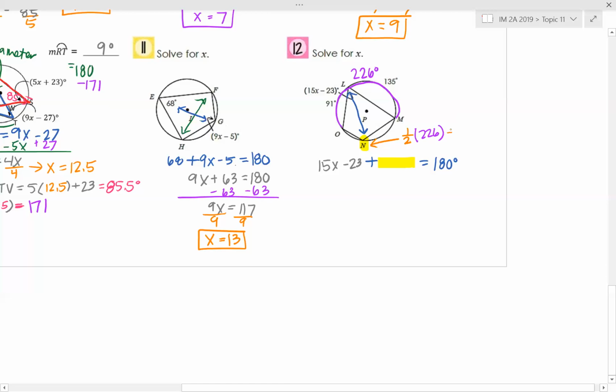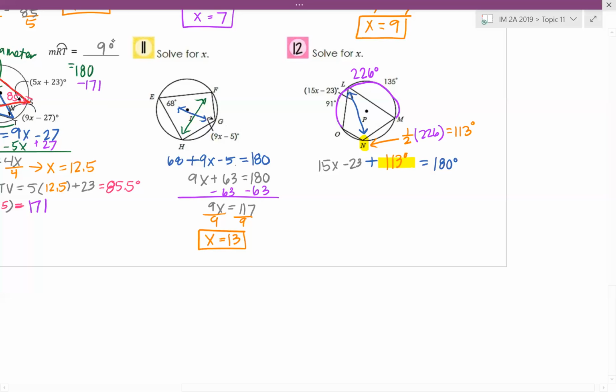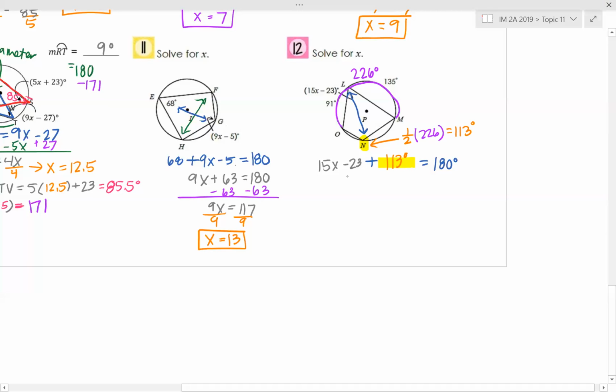Okay. So if I combine like terms, I want to subtract 23 from 113. So 15x plus 90 is equal to 180 degrees.